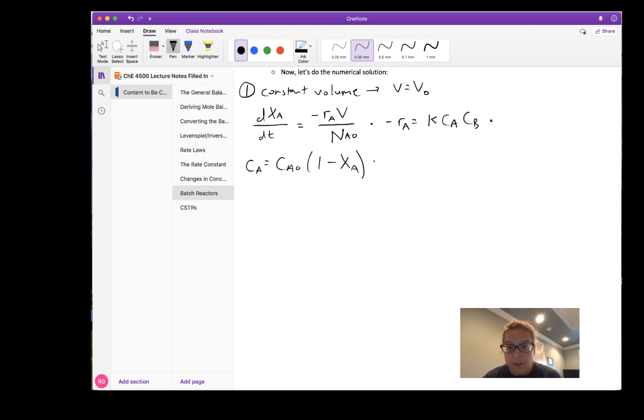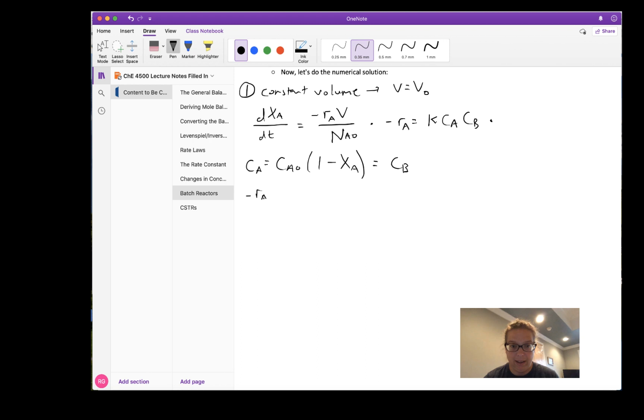Because of that, I also know that CA and CB, the concentration of A and the concentration of B, are going to be equal over the course of the reaction. This is a simplification I can make for this special case where A and B are equimolar initially and throughout the reaction.